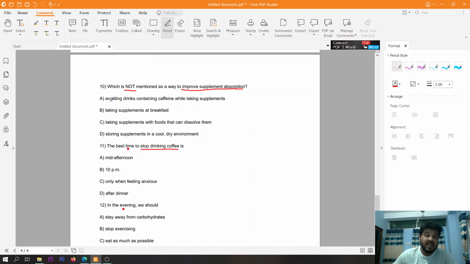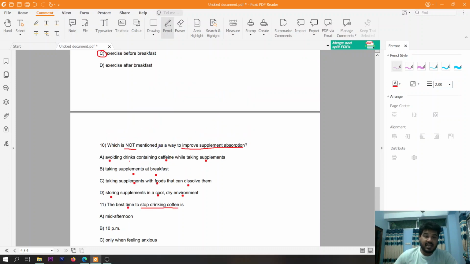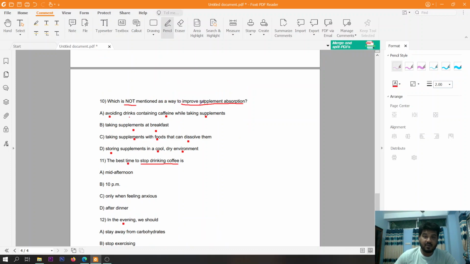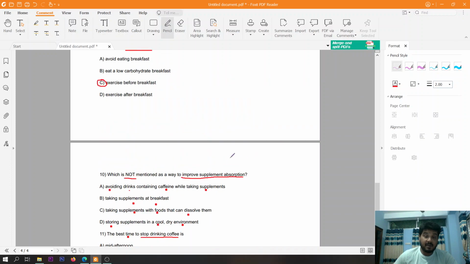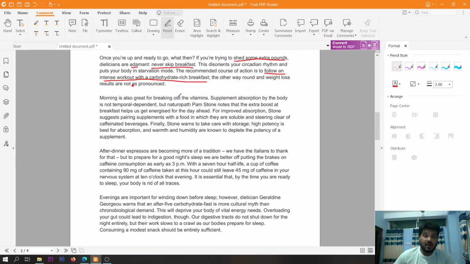For example: avoiding drinks containing caffeine while taking supplements, taking supplements at breakfast, taking supplements with food that can dissolve them, and storing supplements in a cool, dry environment, right? Now let's see what kind of answers we get. We need to identify which is not mentioned as a way to improve supplement absorption. Again, because we have already found our answers, let's go to the next one.